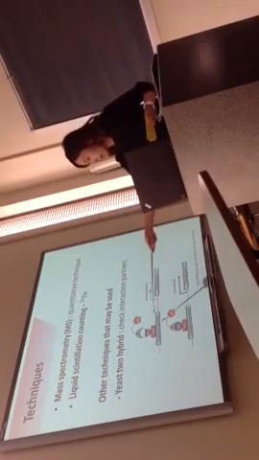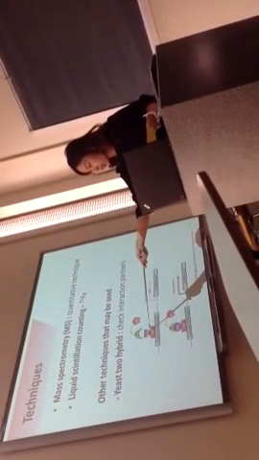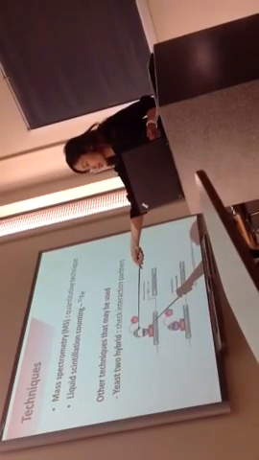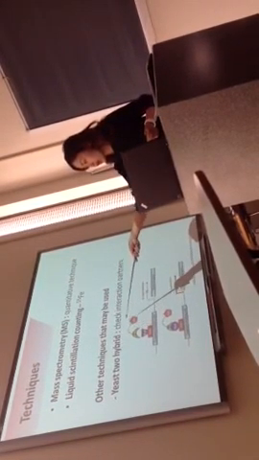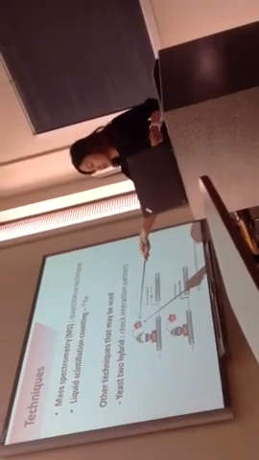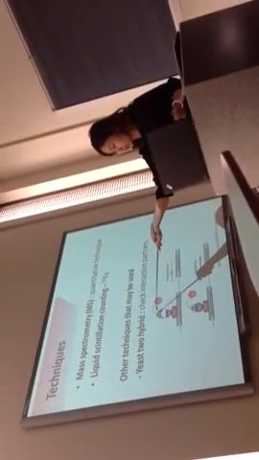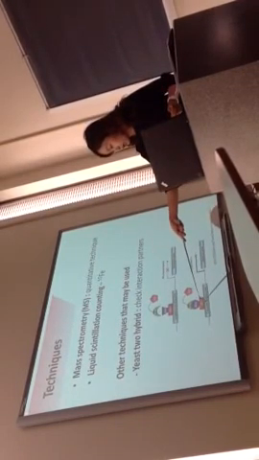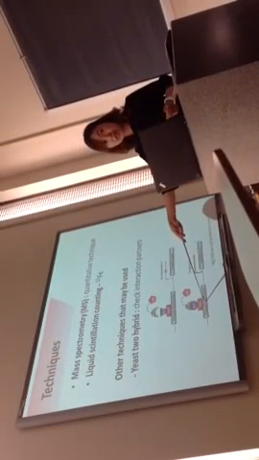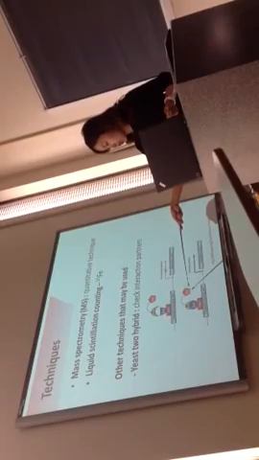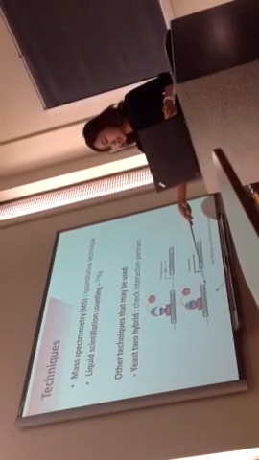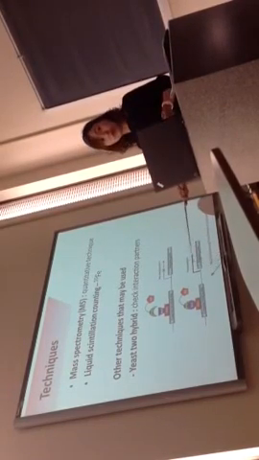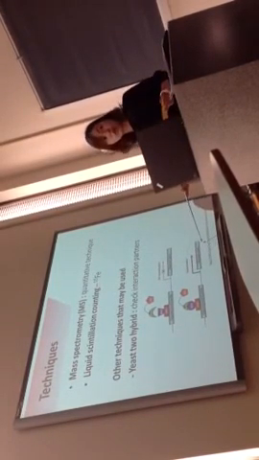One acts as bait that contains a DNA binding domain, and another acts as prey that contains an activation domain. When bait catches prey, they form a complex that contains the DNA binding domain, activation domain, and RNA polymerase all together, and that turns on the transcription of reporter genes.